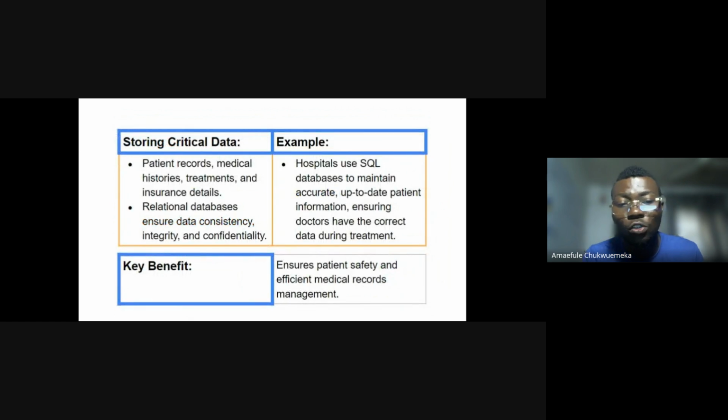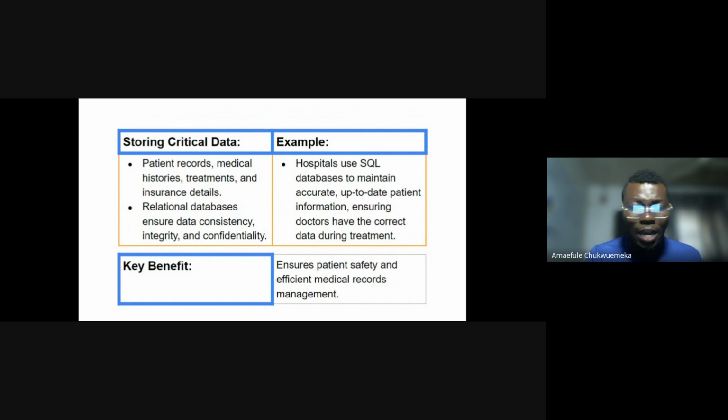In the health industry, why should they consider a database? One is patient records. They want to be able to keep patient records in a very organized way, keep the medical history of activities that have happened in the past, of people that have been diagnosed and all of that. They also want to keep a record of the treatments that they recommend or diagnose to patients, and also insurance details.